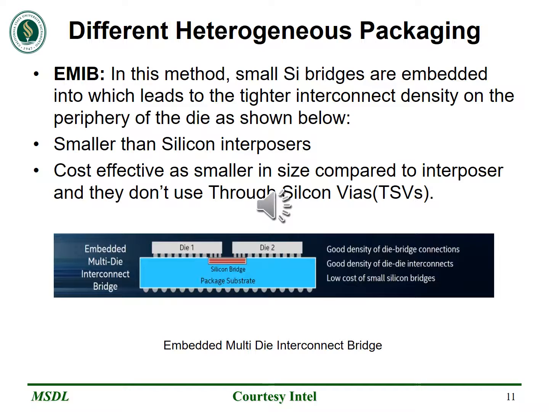And coming to the advantages, it has really good density of die bridge connections and die to die interconnects too. And also we can say it has low cost because of the small silicon bridges, whereas the silicon interposers, as they are spread across the entire die, have high cost.